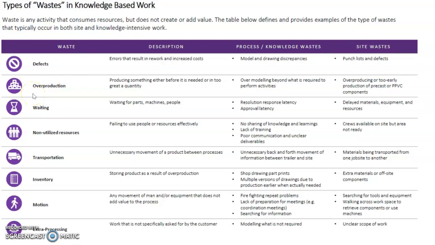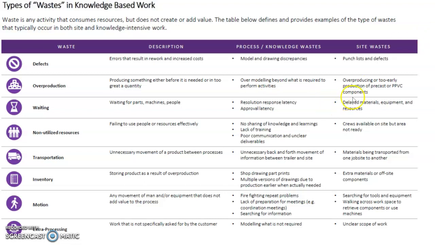Overproduction can also be a form of waste. Overproduction means that you are producing something either before it's needed or in too great a quantity. Also in a design office, over modeling, that means you put in more details than what is needed, is actually a form of overproduction.